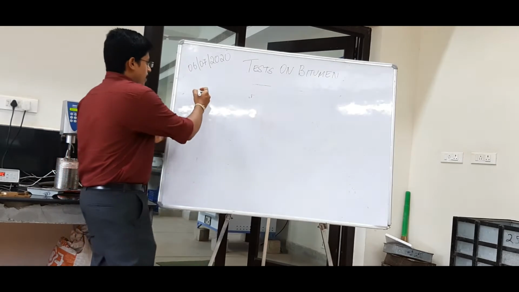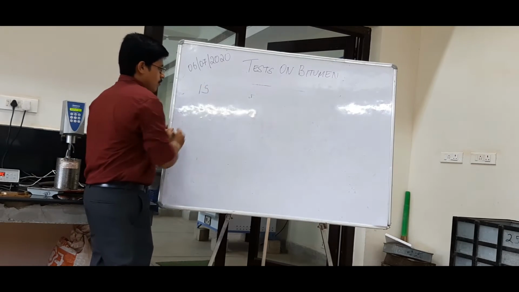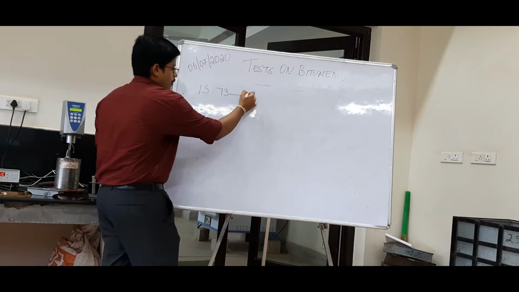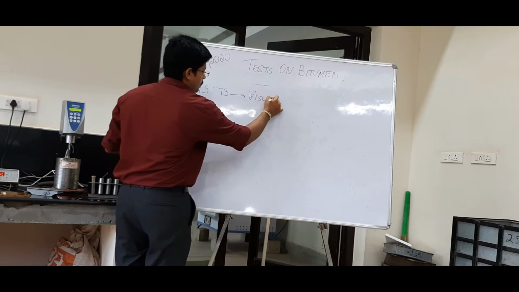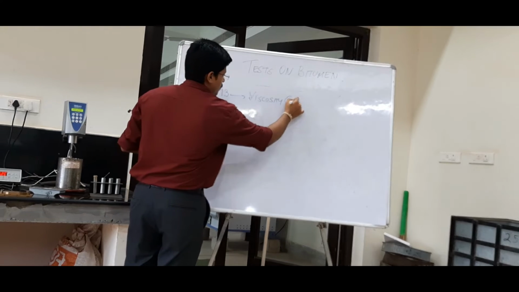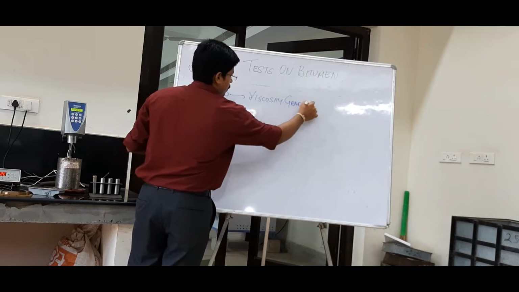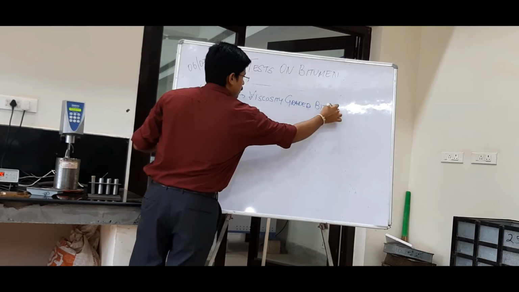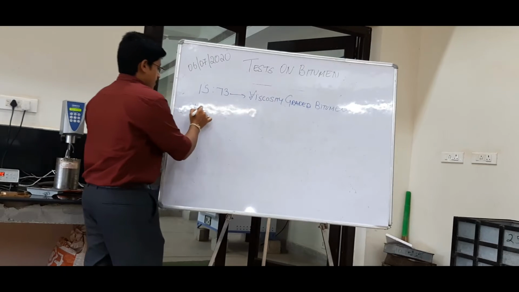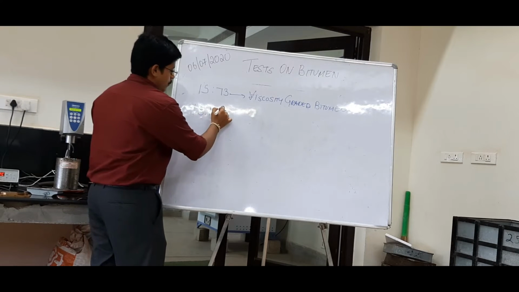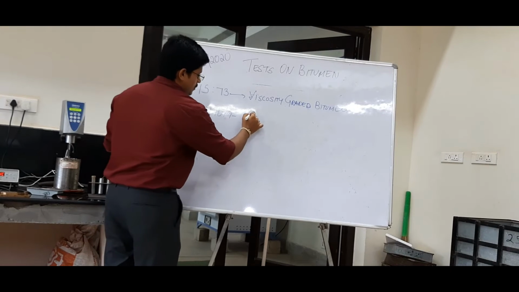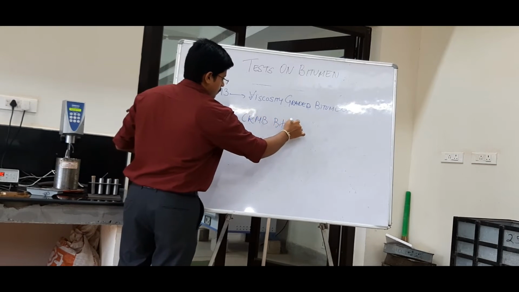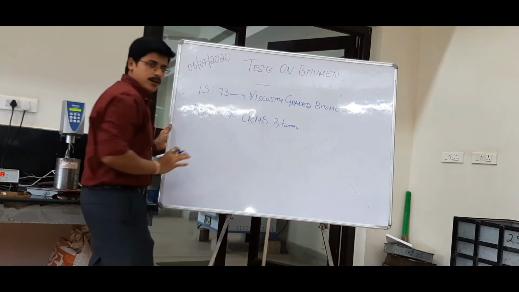For this we have different IS guidelines. One is IS 73 for viscosity graded bitumen. Then we have IS 17079 for CRMB, that is crumb rubber modified bitumen.